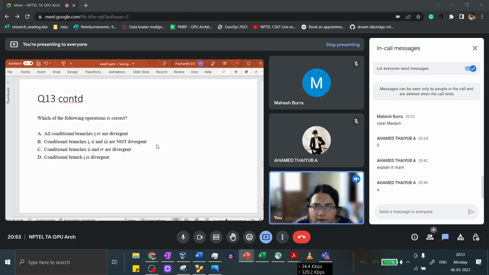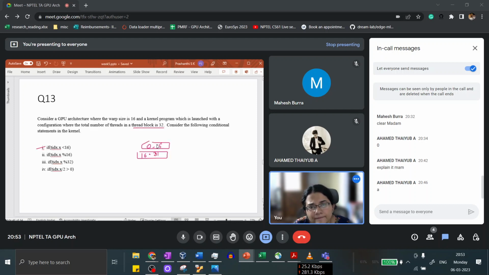One second. 1, 2 and 3 are not divergent. Is that true? What happens to thread ID 0, right? 0 mod 16 is 0, and all of the others are, yeah, I'm not sure about this answer.